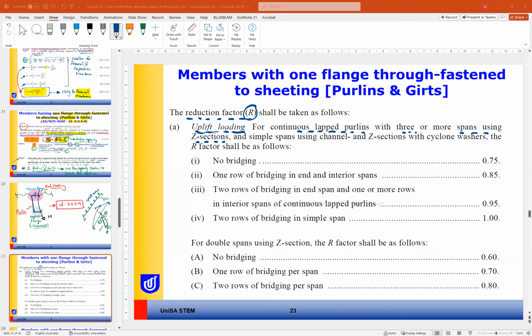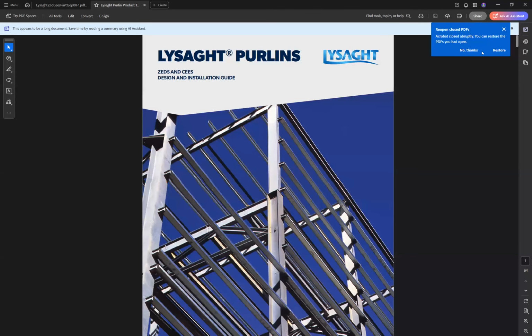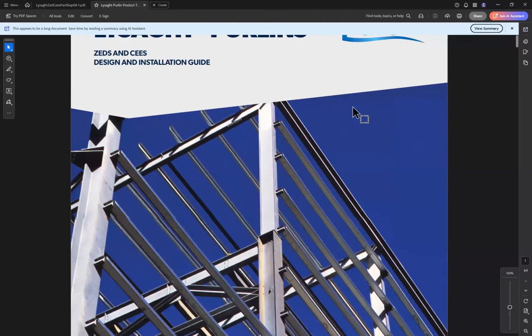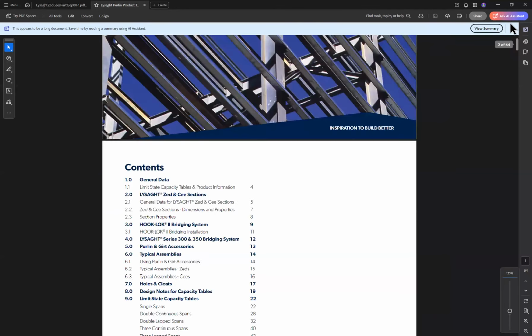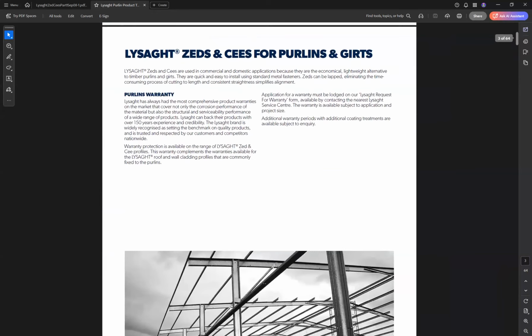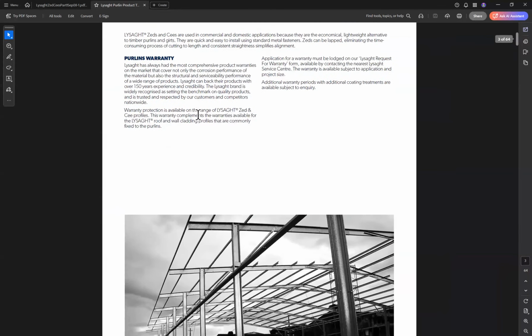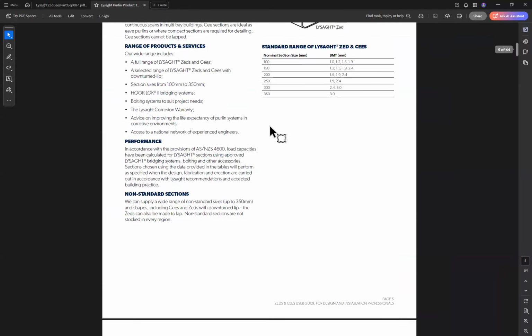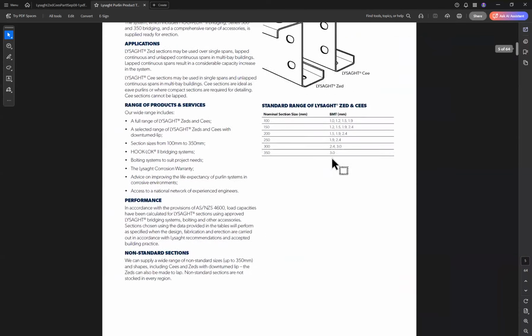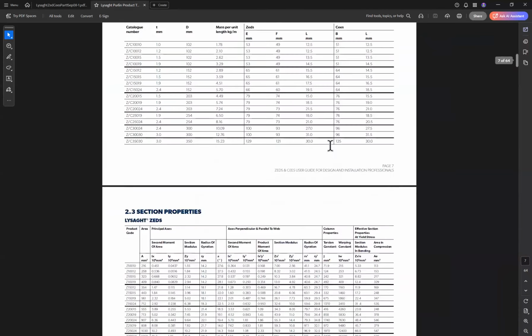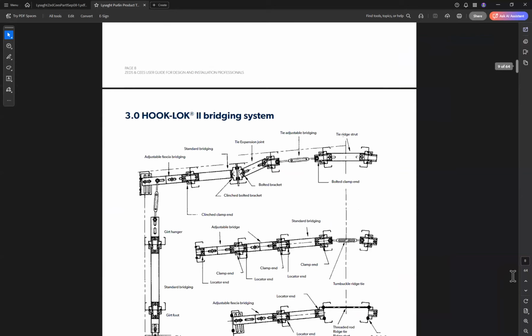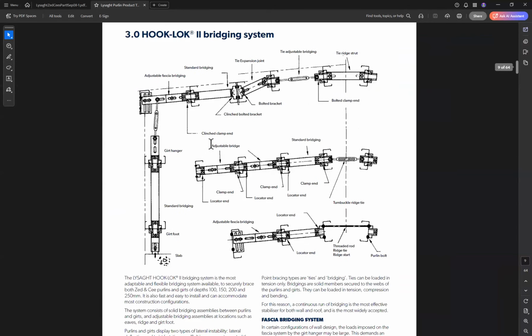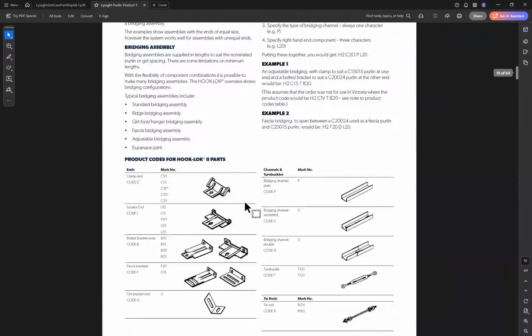Okay, guys, can you see the purlin capacity table now? Okay, so for the capacity table for purlin, this is the shape of the Z and C sections, and this is the properties, and this is the bridging system for the purlins, for example.